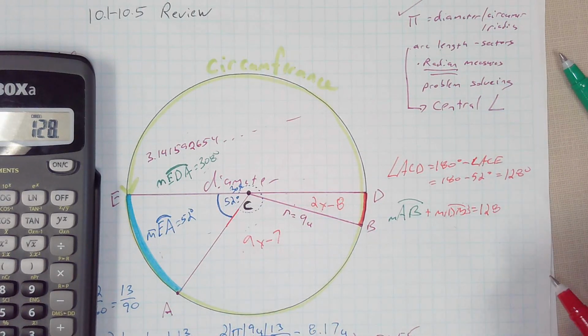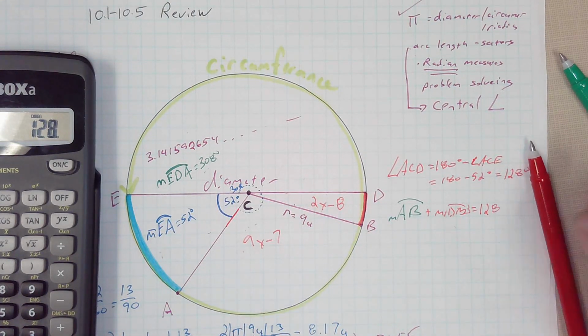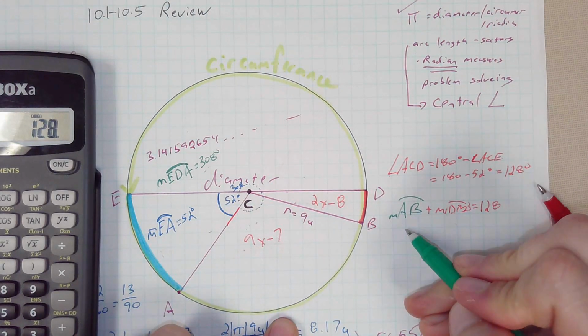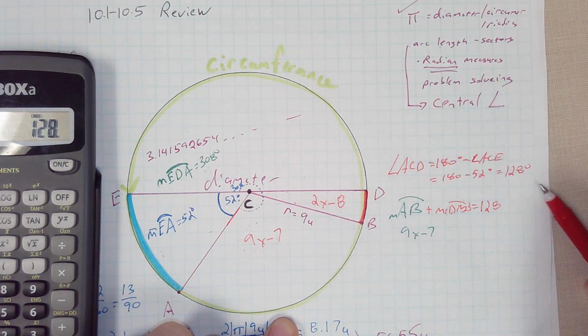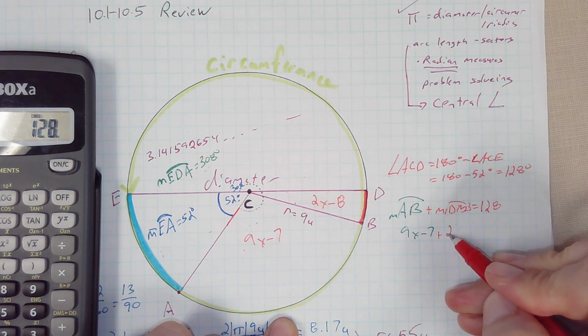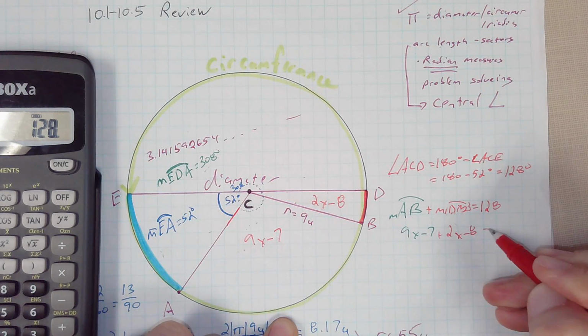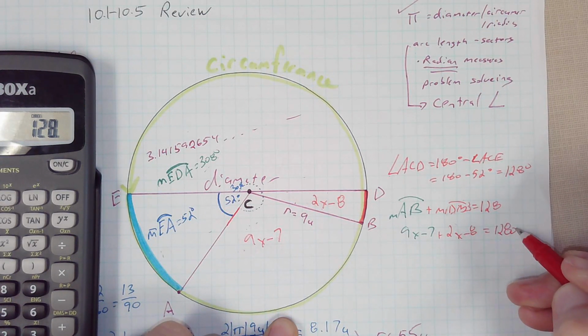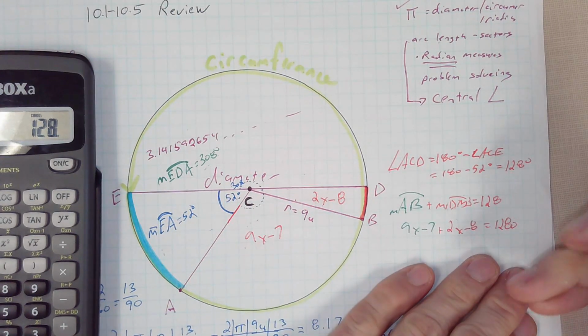So it's just going to be as simple as saying 9x minus 7 plus 2x minus 8 equals 128 degrees.